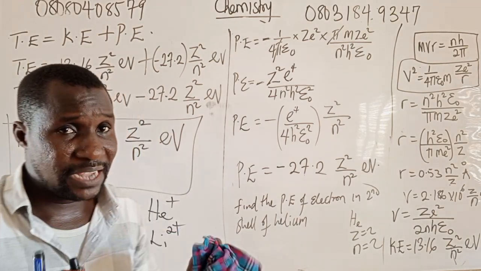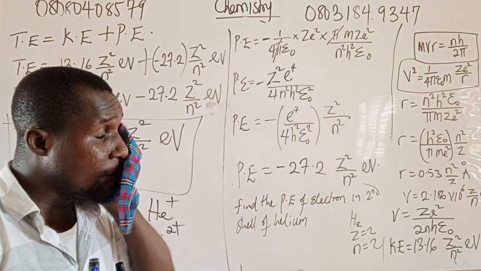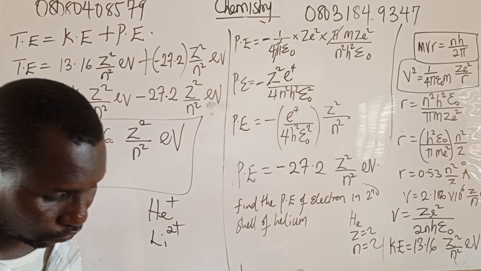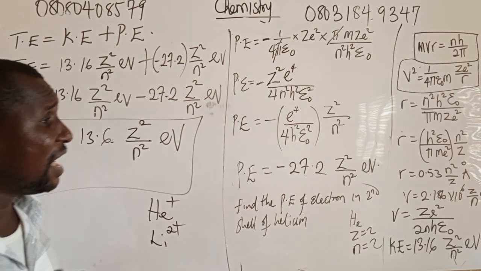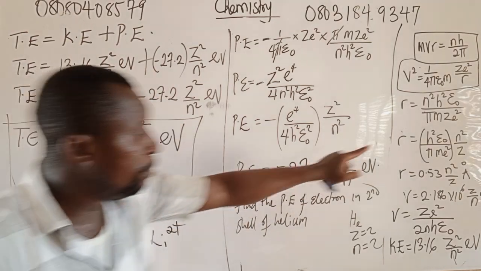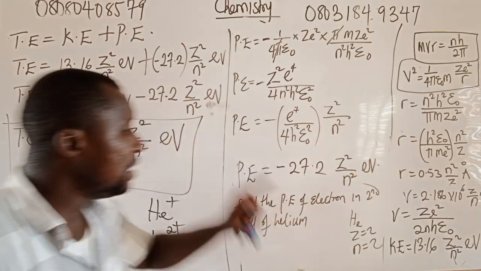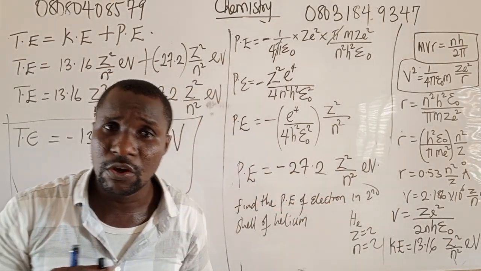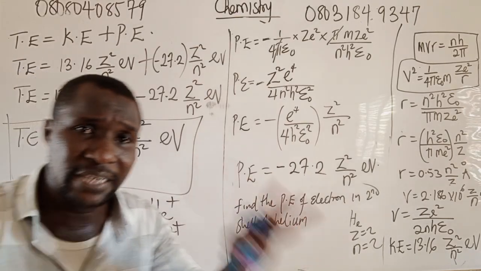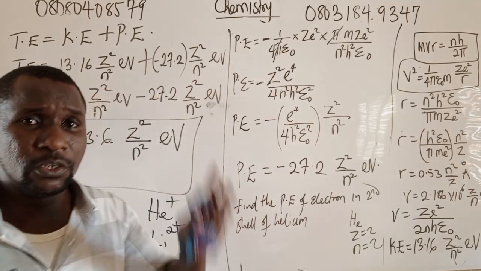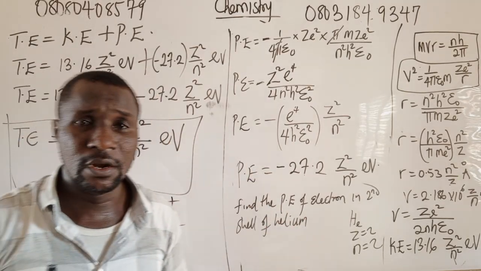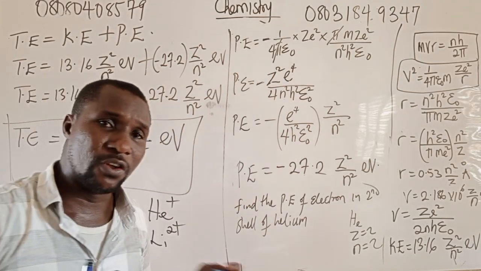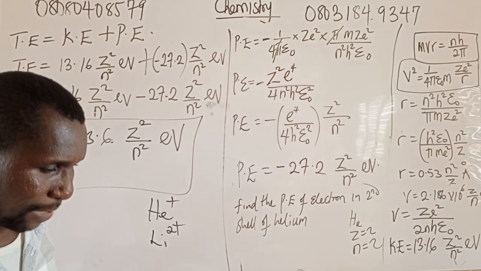Please write it down. Bohr is the one that calculated the position of the electron, the velocity of the electron, and the energy of the electron. He considered the electron as a moving particle.